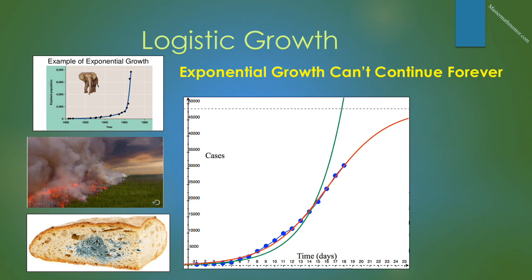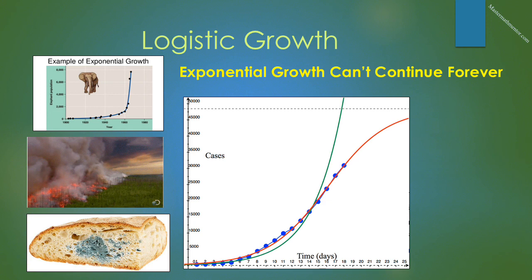Eventually, everyone gets it, and therefore it cannot spread anymore. The green curve shows an exponential model based upon those points, while the red curve shows a logistic model based upon those points. It appears that the curve has hit its inflection point and is starting to level off.